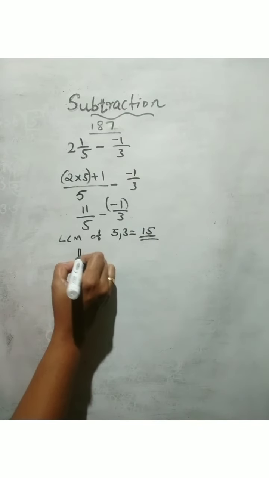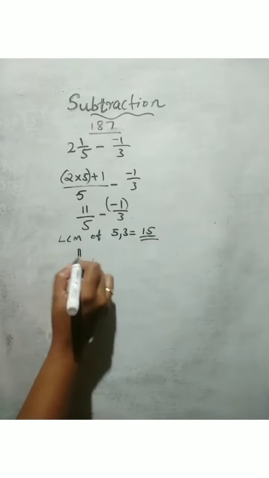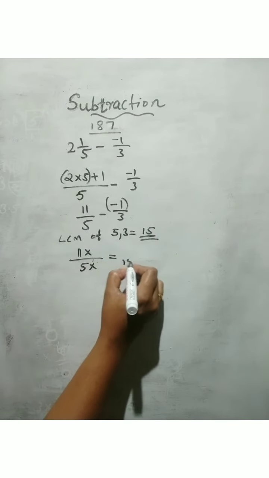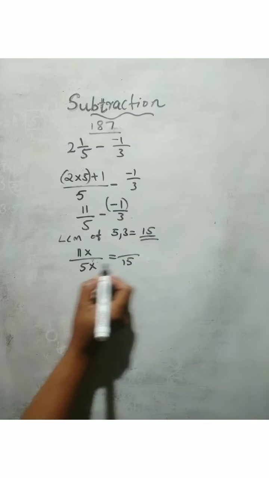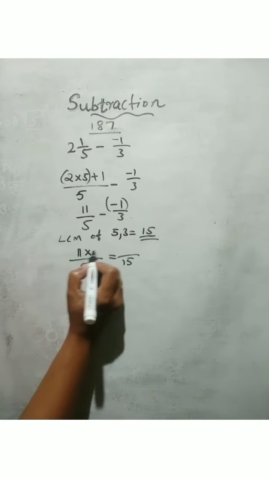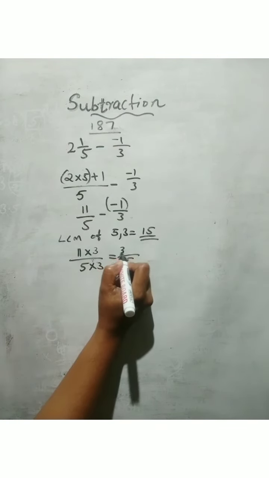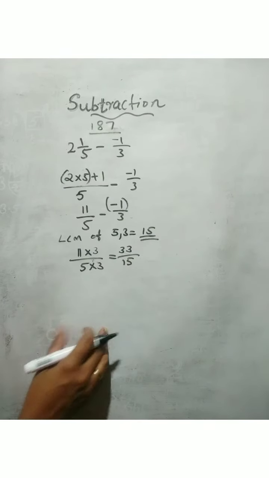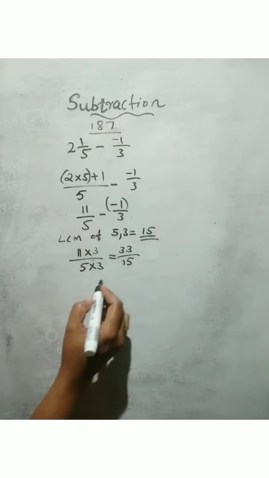Then 11 times a number. Which number? We have to get 15. 5 times 3 is equal to 15, then 11 times 3 is equal to 33. So 33 on 15.